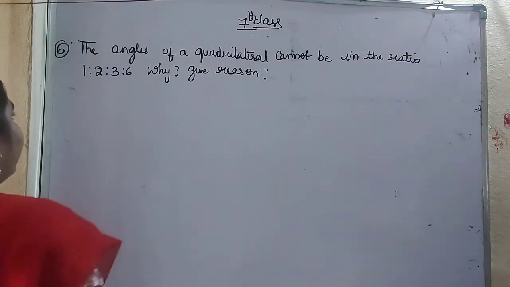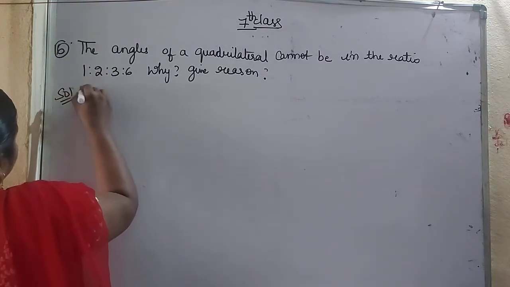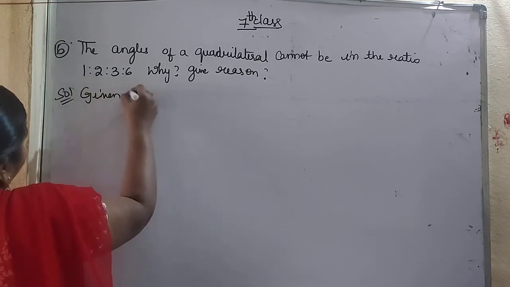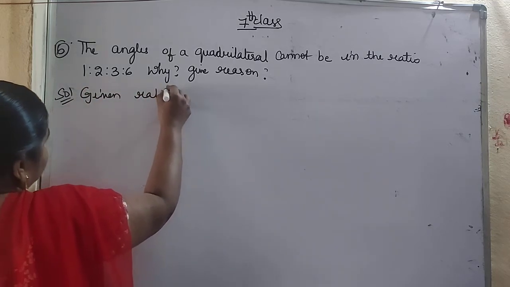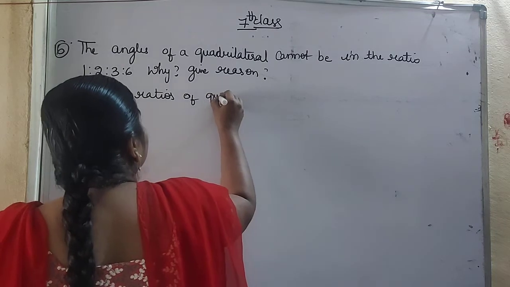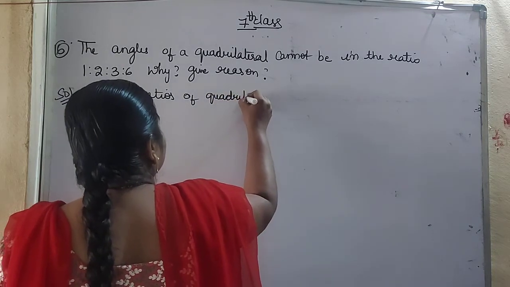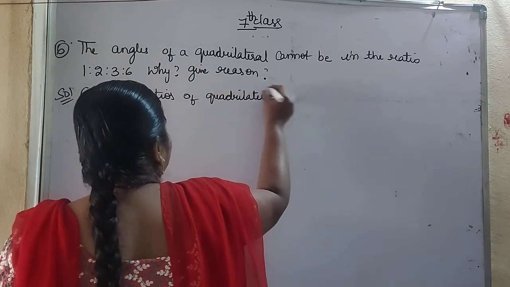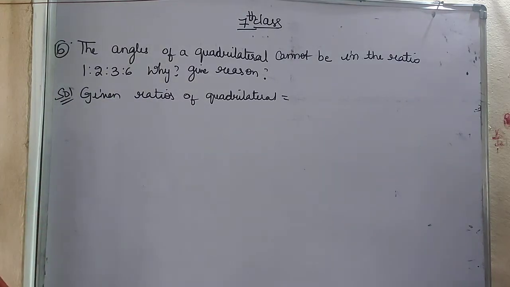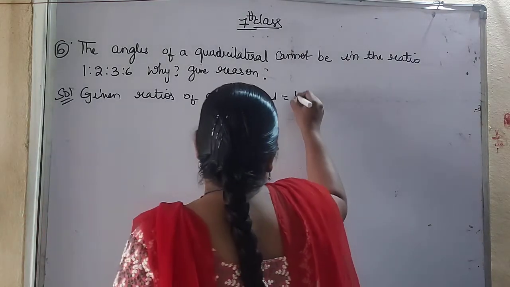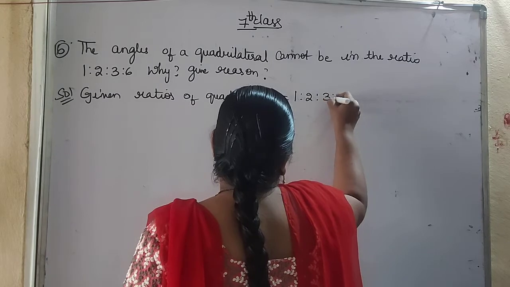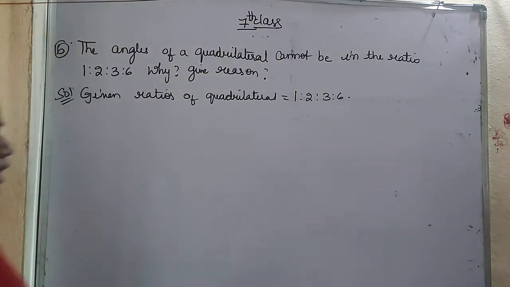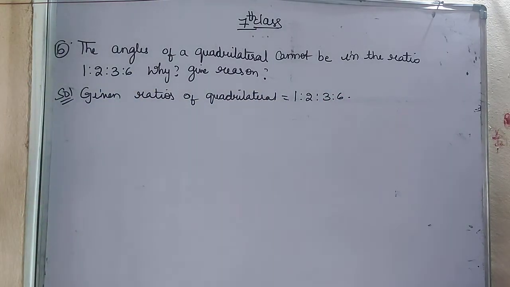Okay, so now what are the ratios? Given ratios of the quadrilateral are, what are the ratios they have given? 1:2:3:6. So these ratios are nothing but the values will be in the form of these multiples.